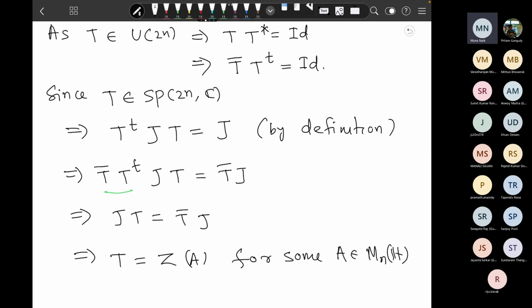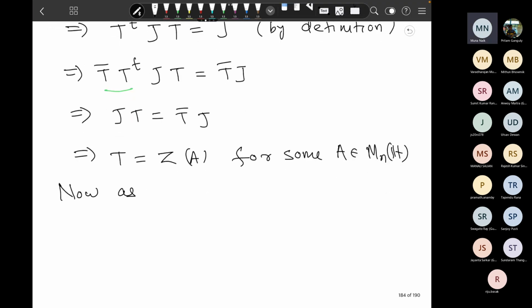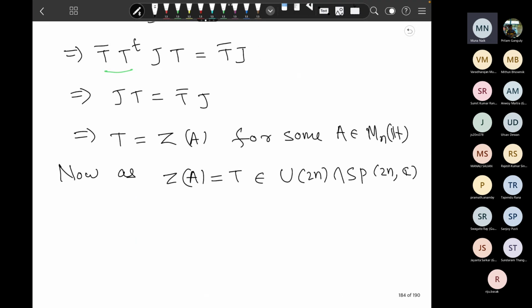So this is the criterion for Z of MnH: T belongs to Z of MnH if and only if JT is equal to T bar J. So now as this ZA is equal to T, which belongs to U2n intersection Sp2nC by hypothesis because I have taken T from U2n intersection Sp2nC, that implies by observation 1, this A belongs to Spn.